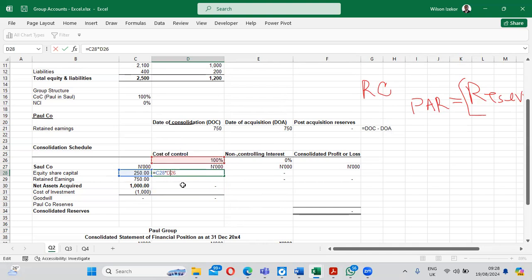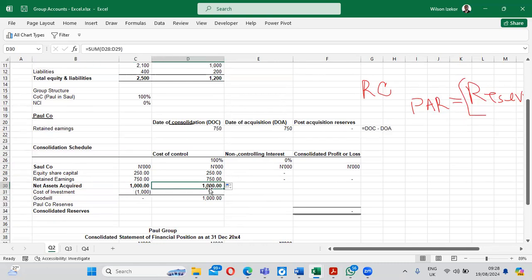If you multiply 250 by 100%, it gives you 250. Also, multiply 750 by 100%, it also gives you 750. So 750 plus 250 will give you 1,000. It's basically just the same.